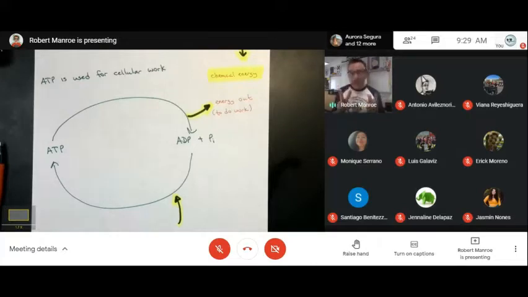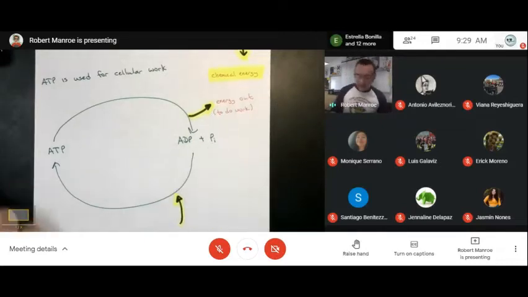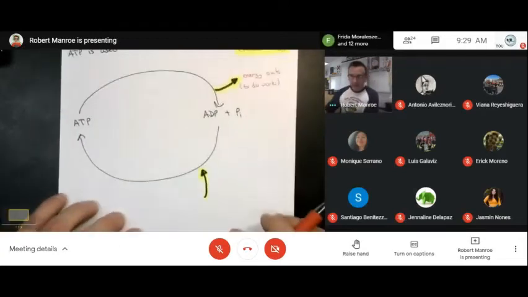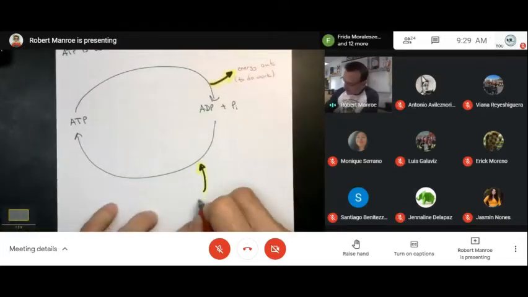So between the second and the third phosphate, there's a very, very high energy bond. And when that bond is broken, that releases energy, and that then is what the cell uses. So that's why you then break off this inorganic phosphate. Cool. So then energy has to come in here. So this is energy in.